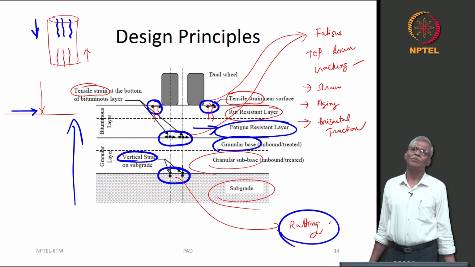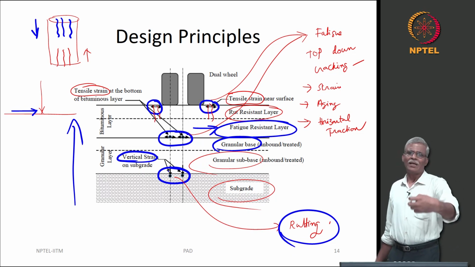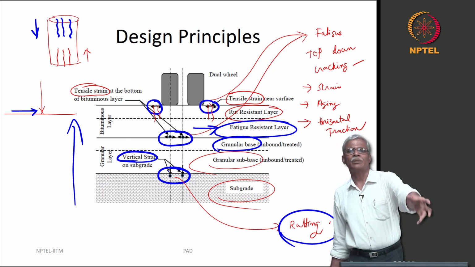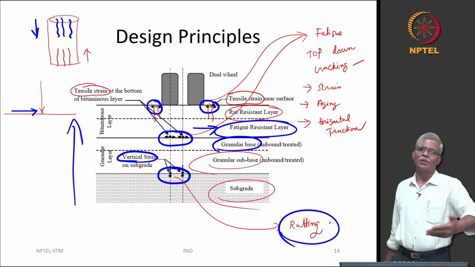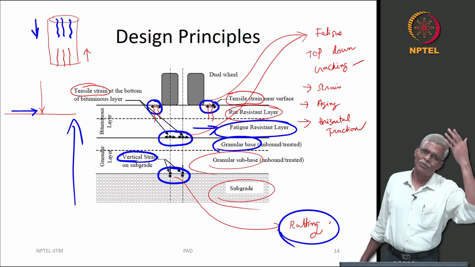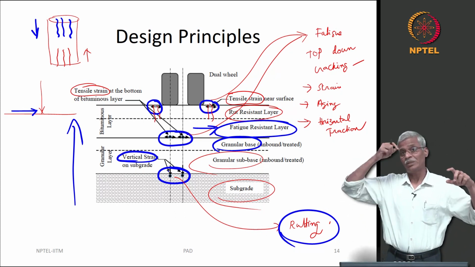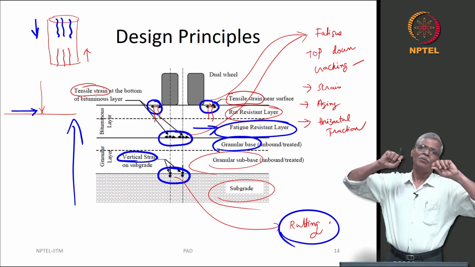So, the idea is that in mix design you will be laying a mix which has 6 to 8% air voids, and this will be subjected to repeated loading. There will be a densification that will happen, because of which you might see some rutting.